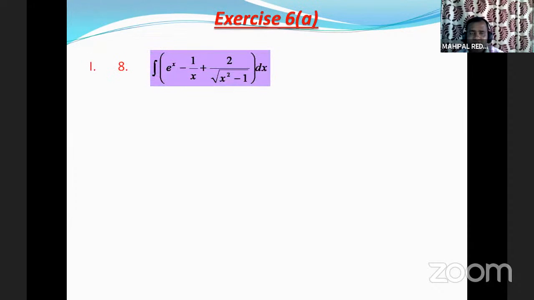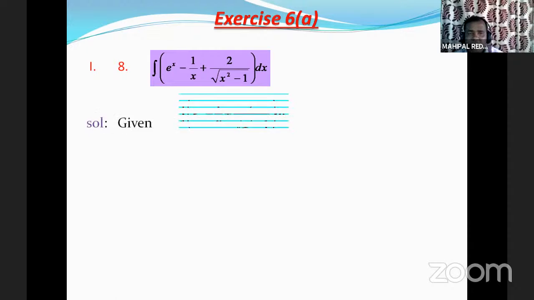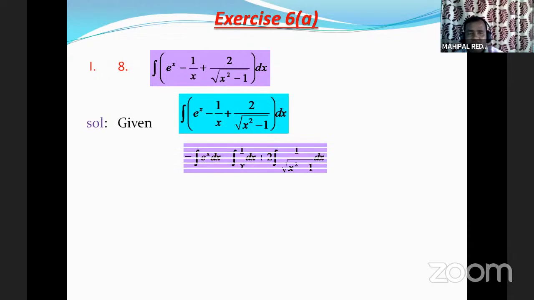Last problem for today's class. Again, evaluate the integration of e power x minus 1 by x plus 2 into 2 by under root of x squared minus 1 dx. What is the given question here? Integration of e power x minus 1 by x plus 2 by under root of x squared minus 1.